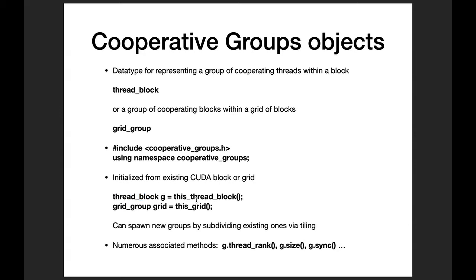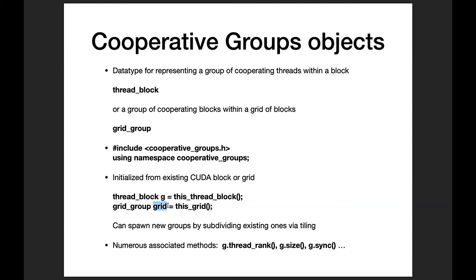With this function, you create an object G, which contains all the threads within the block that the thread is in, right? And similarly, there's this grid function, which creates a grid group object, which just holds all the blocks within your kernel.